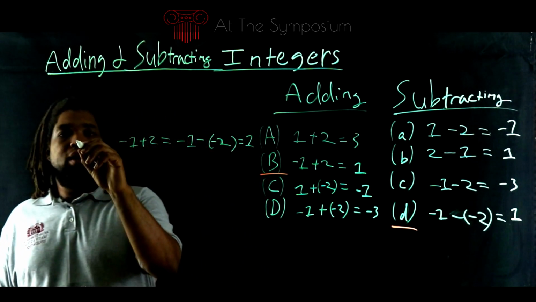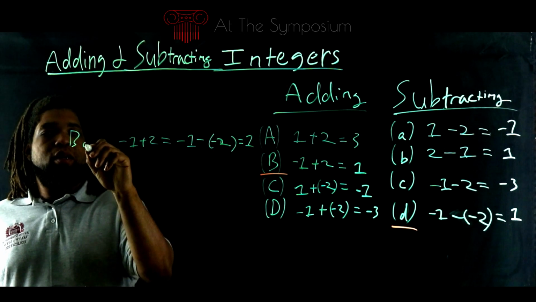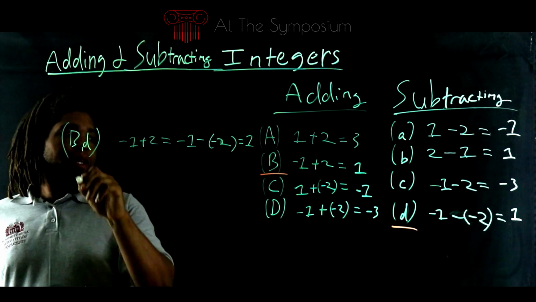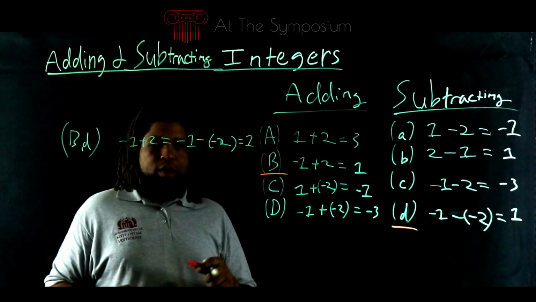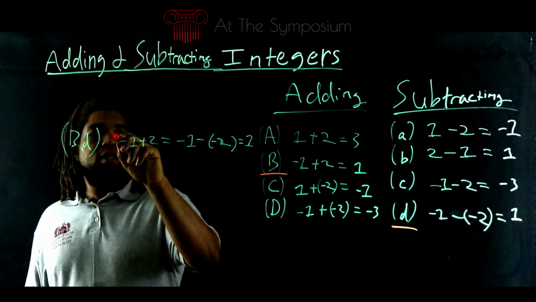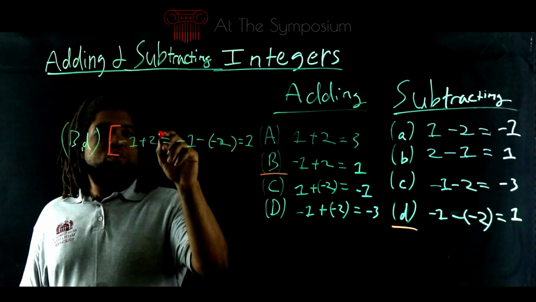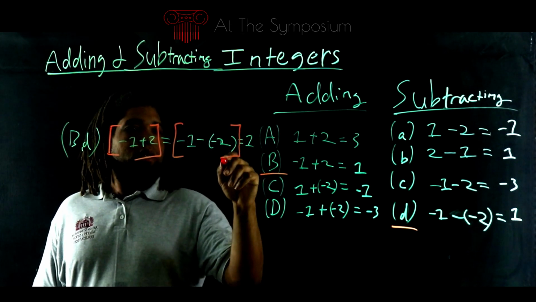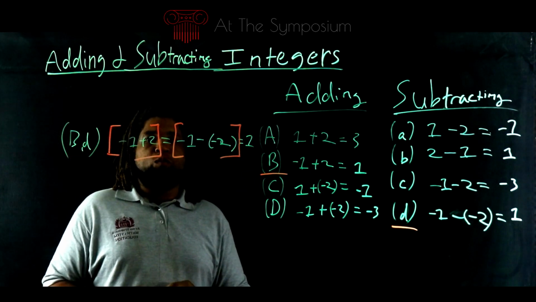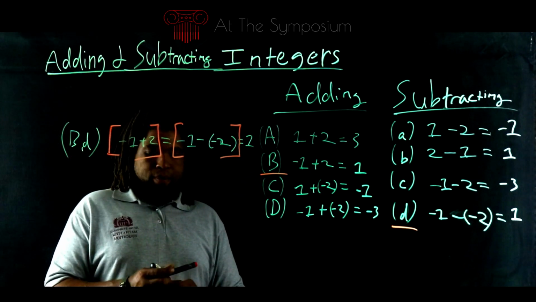So both uppercase B and lowercase d are equivocal problems. We can also do it like this, so we can see. Just bracket it in such a way like this. Okay? So those two are the same.